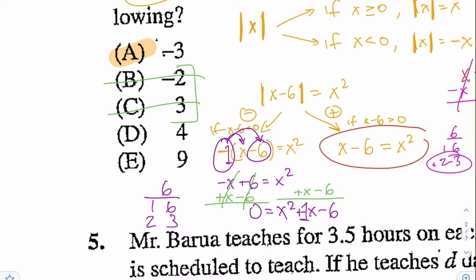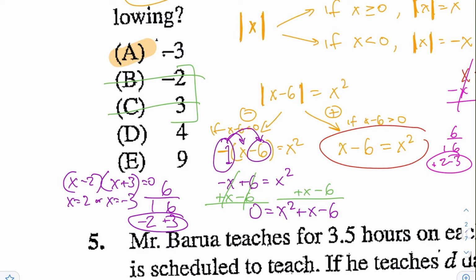And you want a sum of positive 1. And that works if you have positive 3 and negative 2. So this will be your two pairs. So that means that the factoring becomes x minus 2 times x plus 3 is equal to 0. So x could be equal to 2, or x equals negative 3.